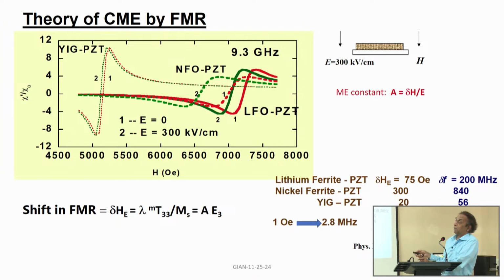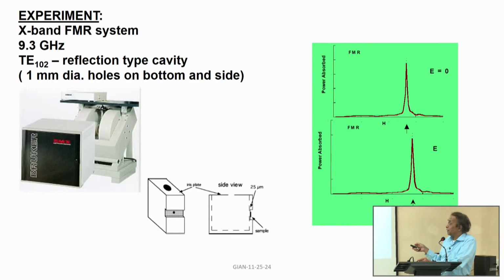If I do the frequency scan, which I am going to show next, 1 Oersted corresponds to about 3 megahertz. So I don't want to give you too much information now and confuse you, but take for granted that we can do this experiment under frequency scan or field scan.